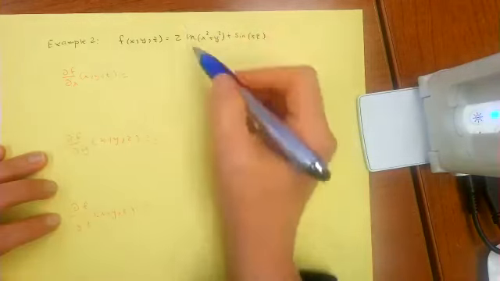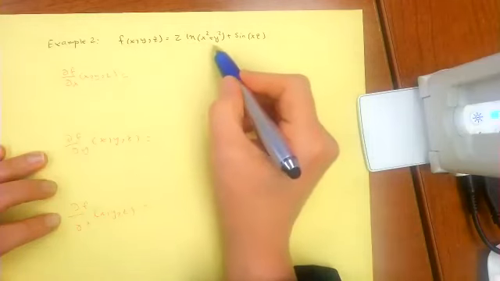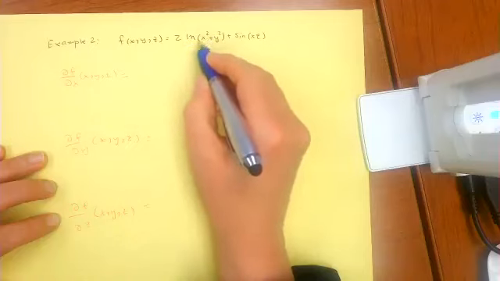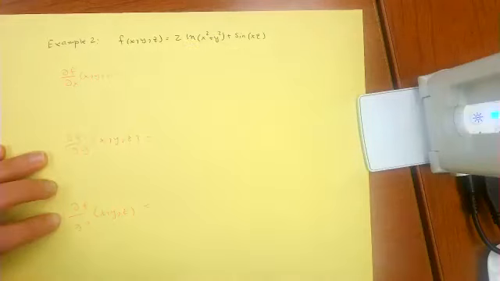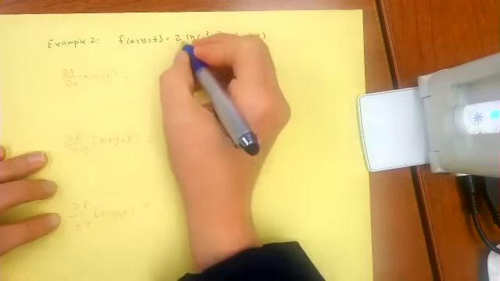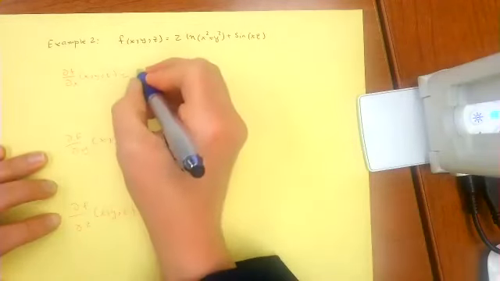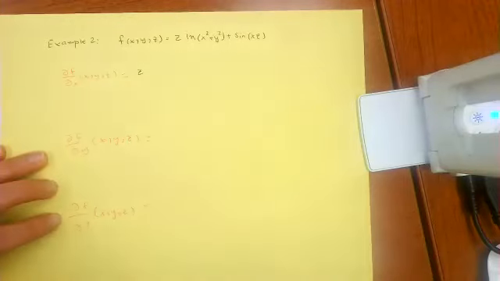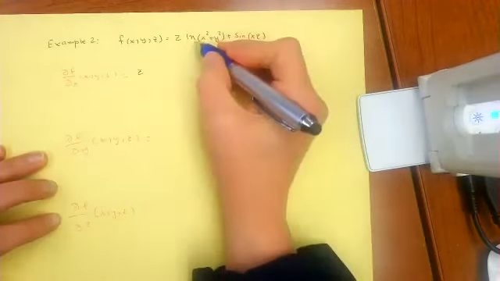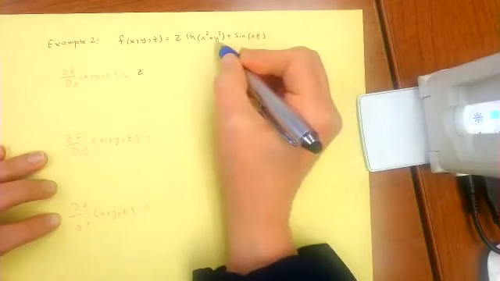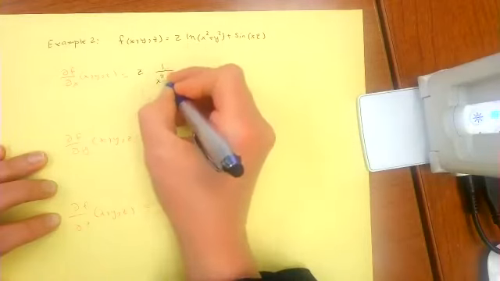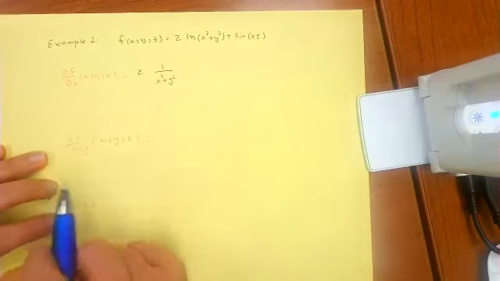Now, taking the partial of the first term with respect to x, I have the z in here, which is a constant coefficient. Then the derivative of natural log is typically 1 over the inside.